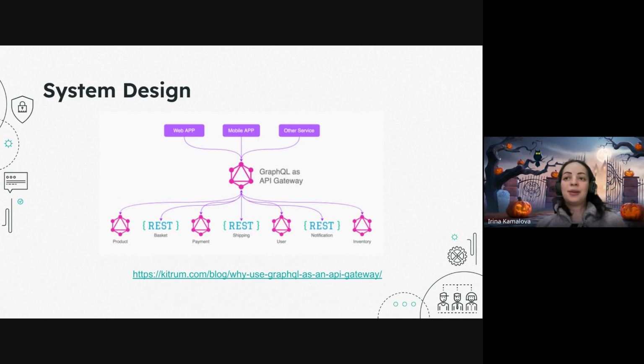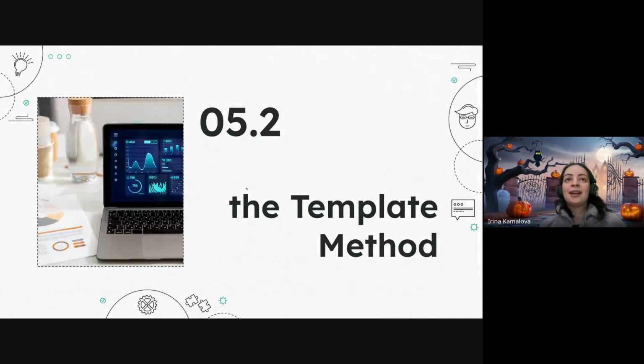And you eventually get the data, but you don't know anything about where this data came from. You don't know about this subsystem. You don't need to know about them because Facade as API gateway gives you everything that you need. Okay, any questions before we move to the next pattern?